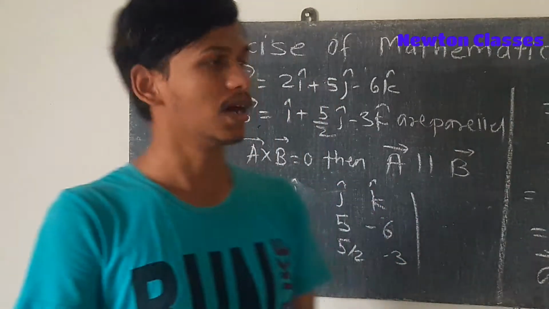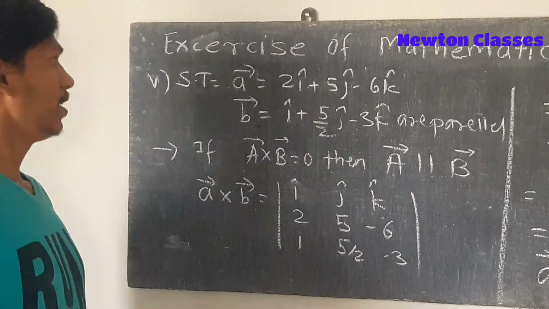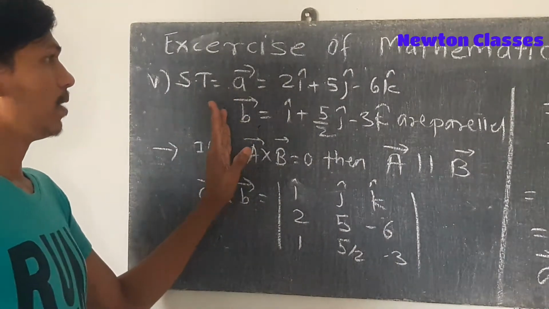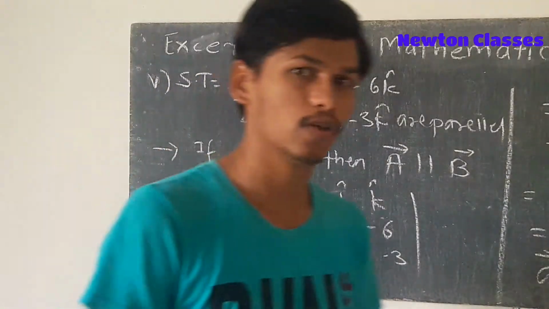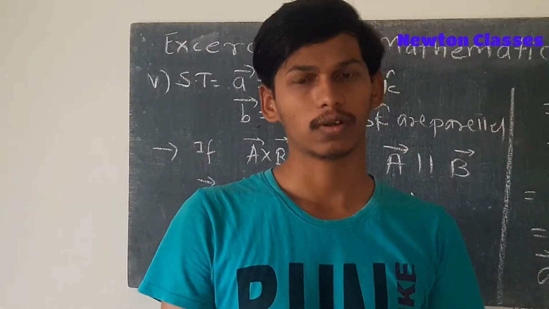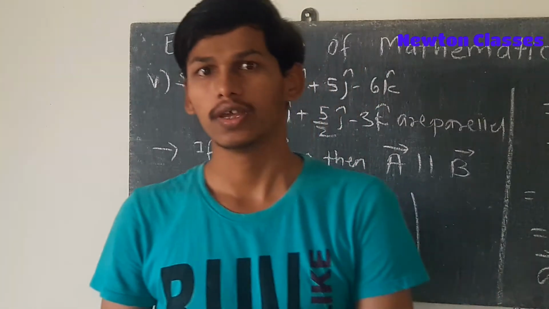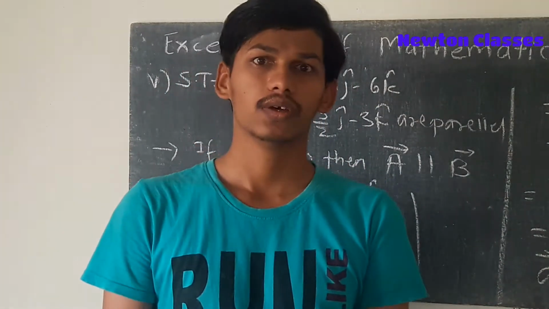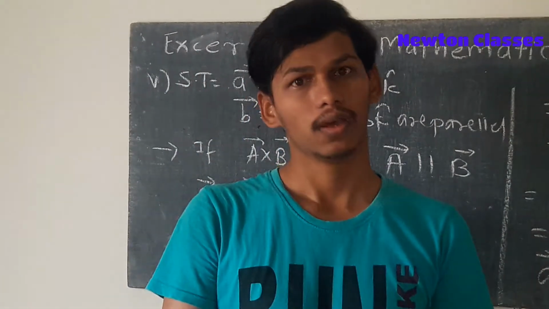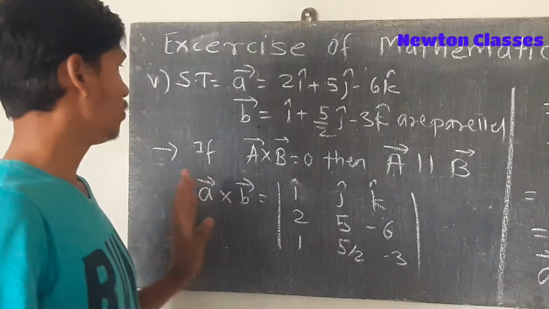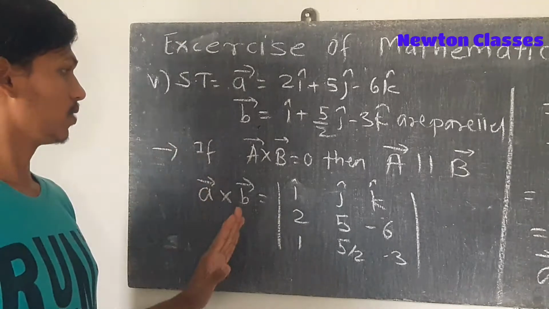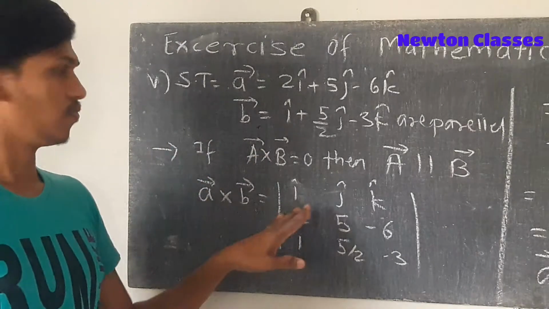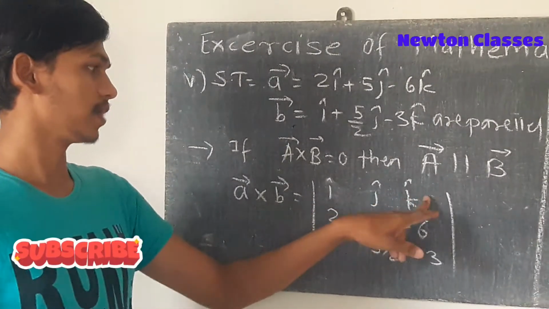In the next example, we have to show that vector A bar and vector B bar are parallel to each other. We know the property of the cross product or vector product: if the cross product between any two vectors is equal to 0, then they are said to be parallel. Now consider the vector product of vector A bar and B bar, in determinant form. The first row is i cap, j cap, k cap.